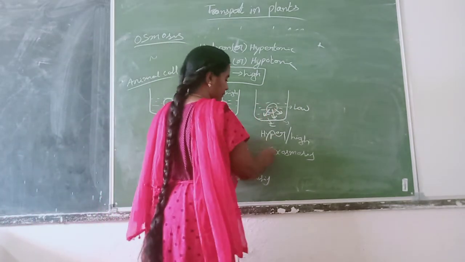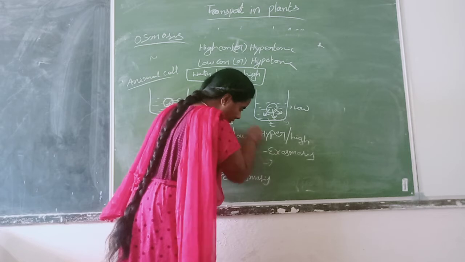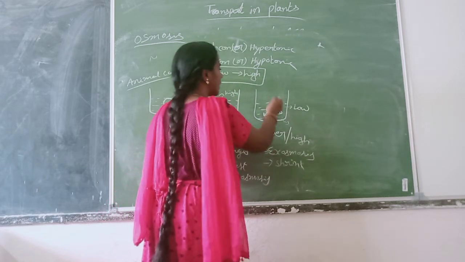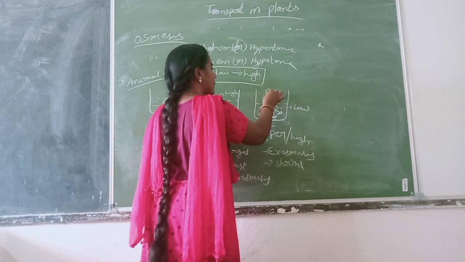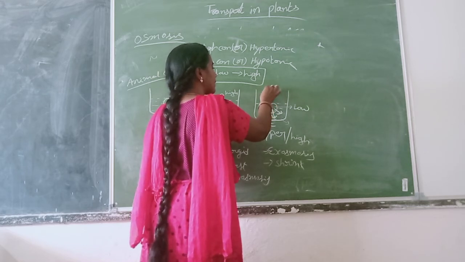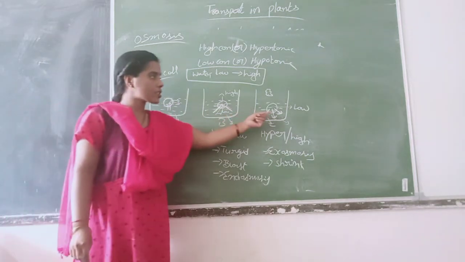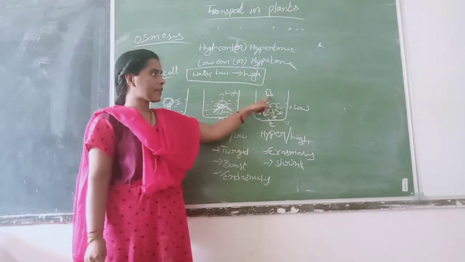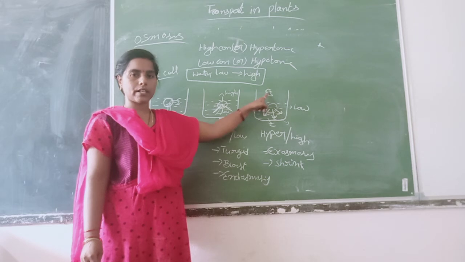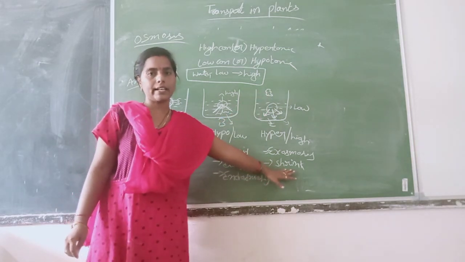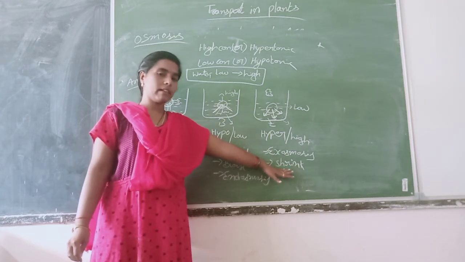It means the size will decrease and it will form a wrinkled surface. Because of loss of water, the animal cell shape will change. A wrinkled surface will form, which is called shrinking. The animal cell will shrink.